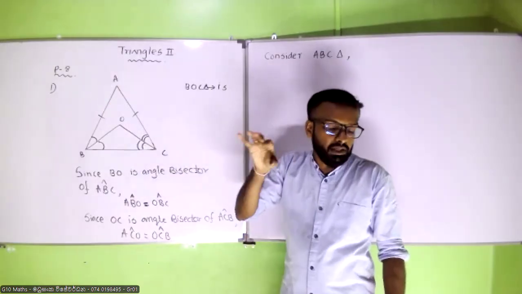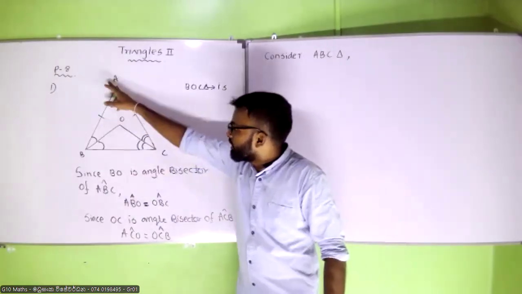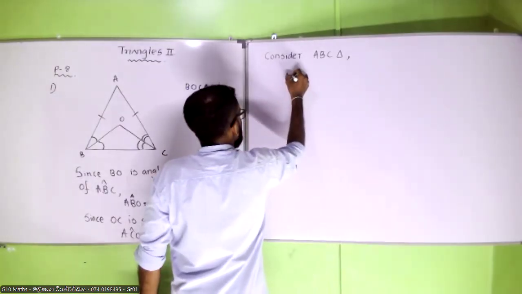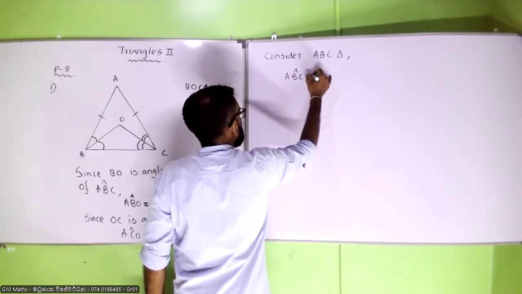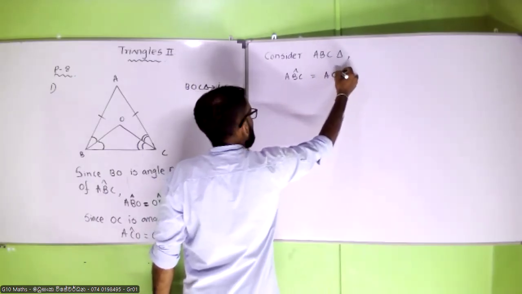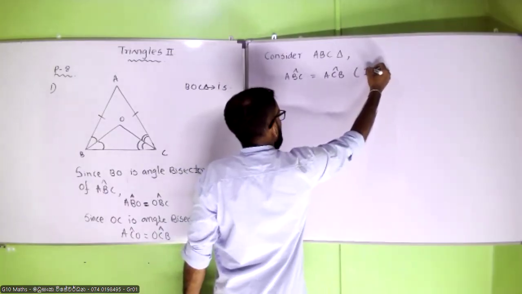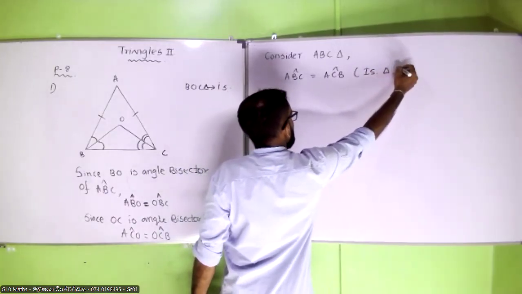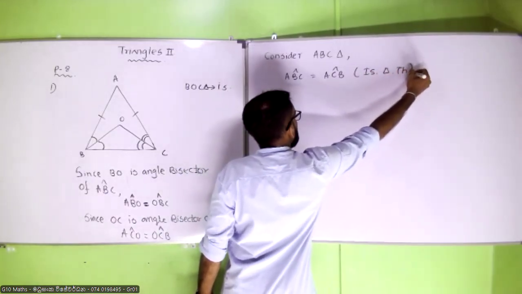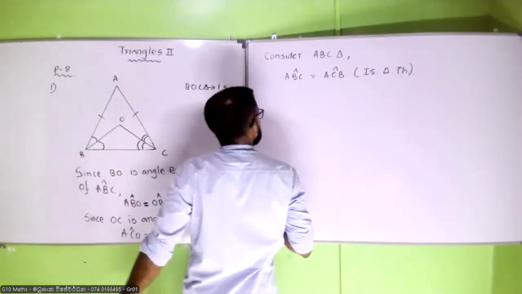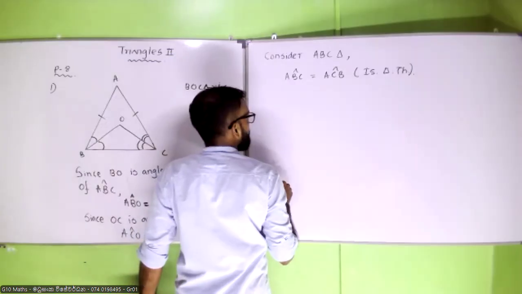So we can use that theorem now: angle ABC equals angle ACB. Reason: isosceles triangle theorem, AB equals AC, so these angles are equal.